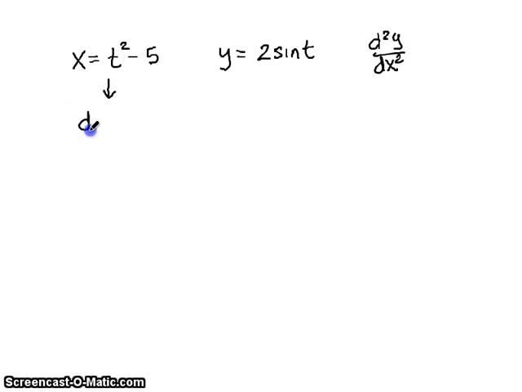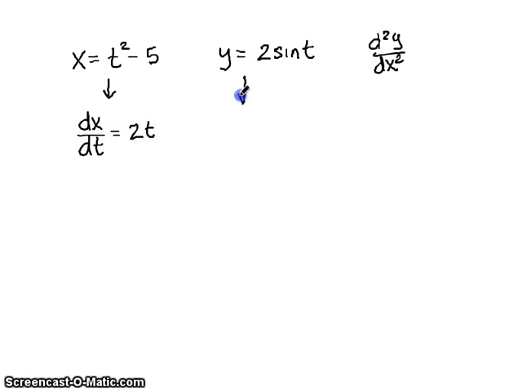Let's say we have the parametric curve defined by x equals t squared minus 5 and y equals 2 sine of t. And we want d squared y over dx squared. So for the first derivative, all we have to do is take the derivative of the x component, dx dt, so that would just be 2t.